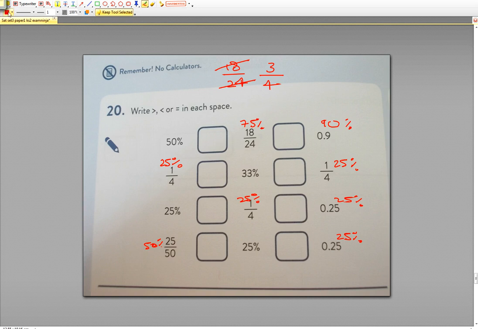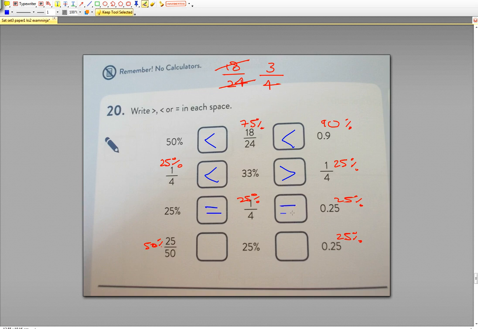So let's have a look. 50% is less than 75%, and 75% is less than 90%. So we're going from left to right. A quarter, 25%, is less than 33%, and 33% is more than a quarter. 25% is the middle.